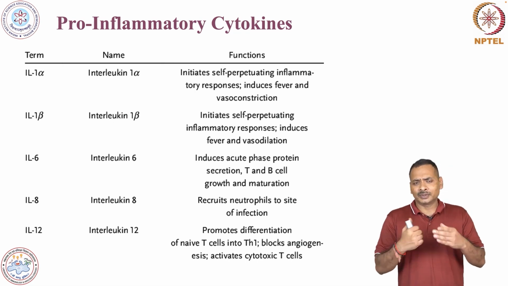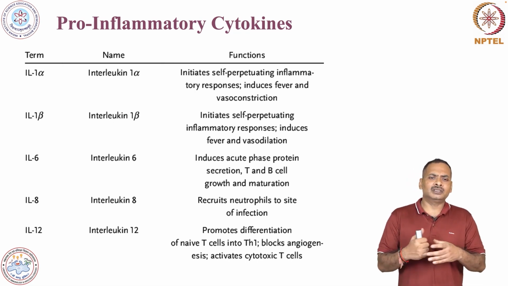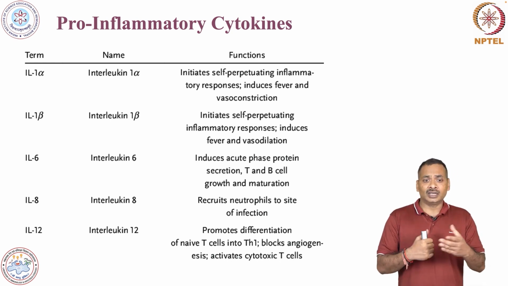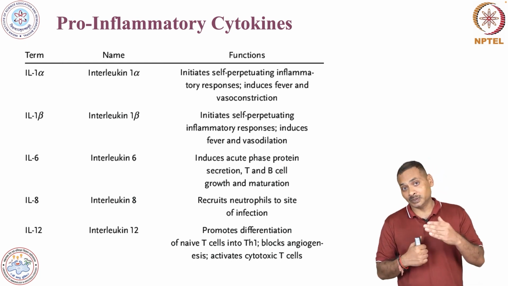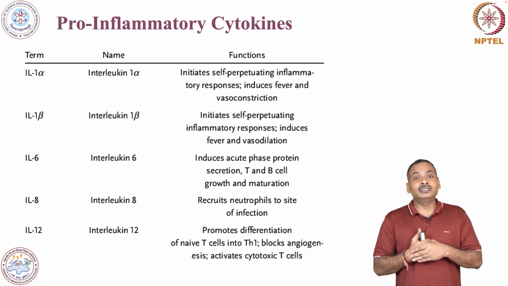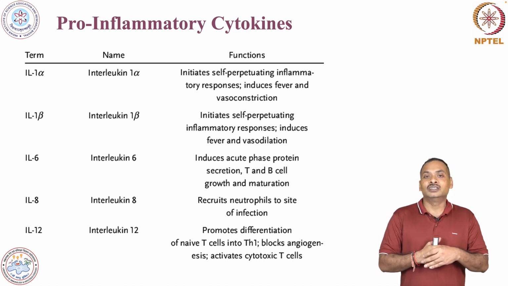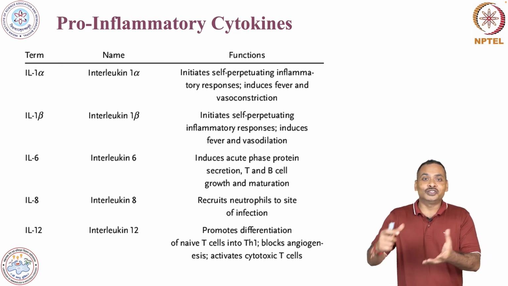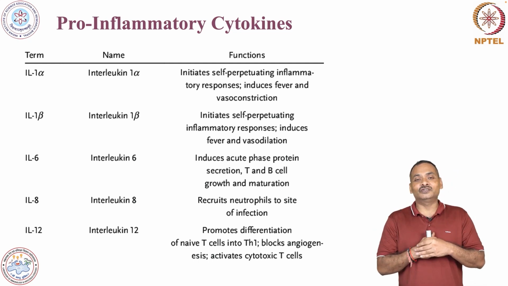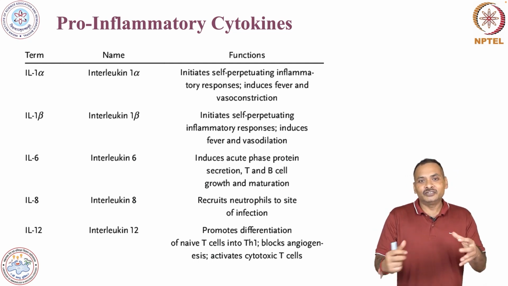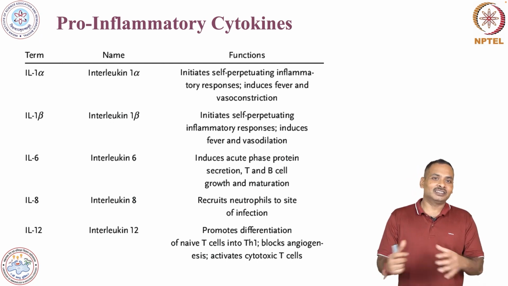IL-6 also helps in growth and maturation of adaptive immune cells like T cells and B cells. IL-8 plays a very important role in recruitment of neutrophils at the site of inflammation. So, you can imagine if a lot of neutrophils are there at the site of infection, it's a very severe battle between pathogen and the neutrophils.